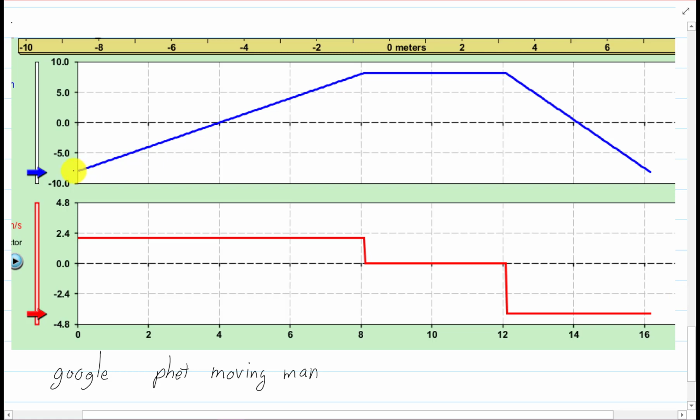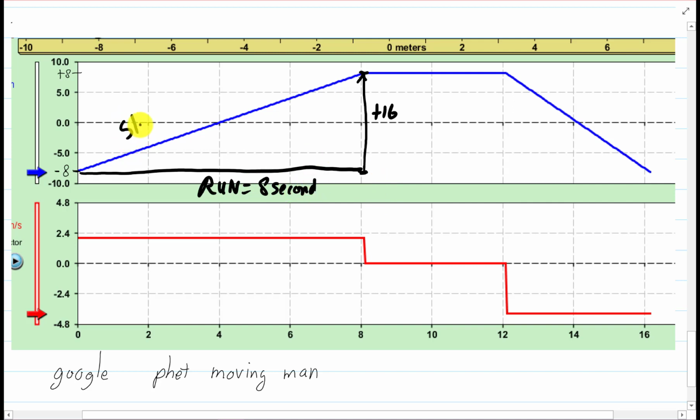Initially, this starts off at -8, and it goes all the way over to +8. So the rise of this from -8 to +8, that's a +16 rise. And the run of this is 8 seconds.